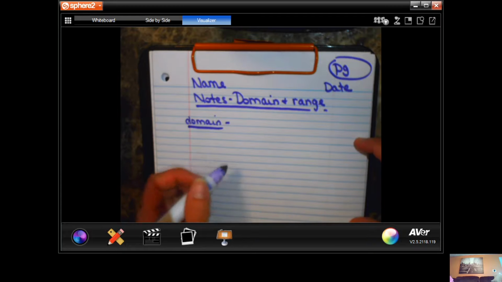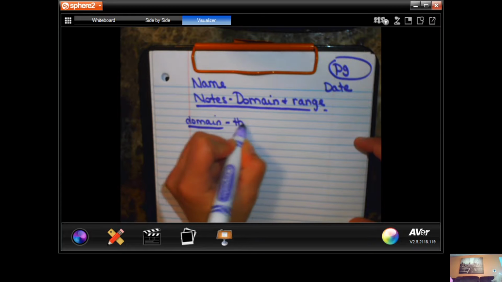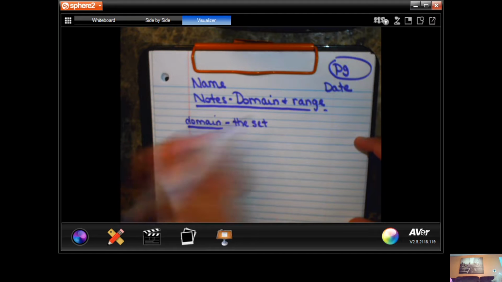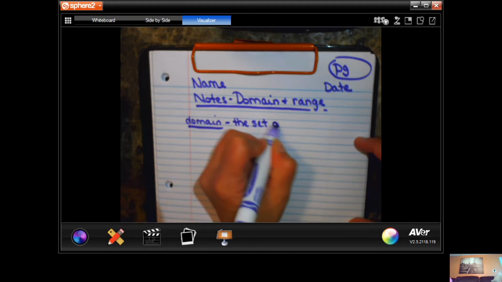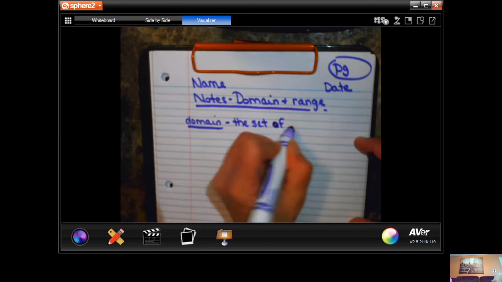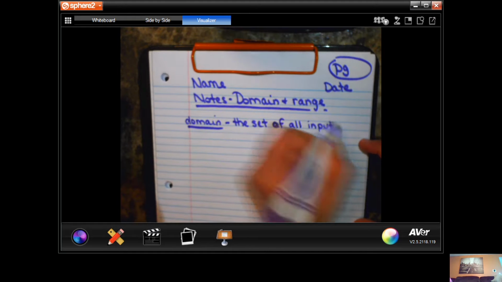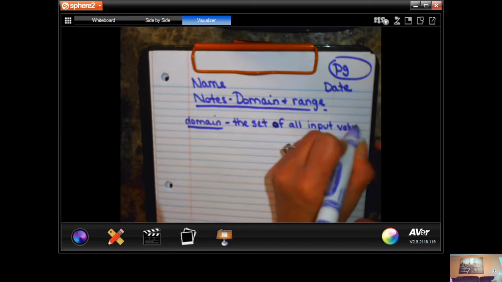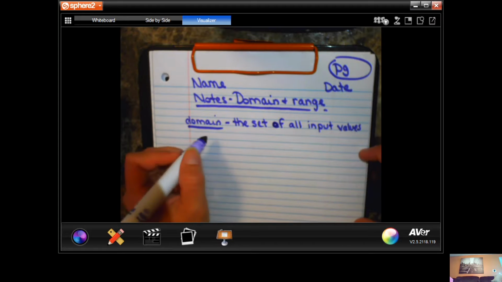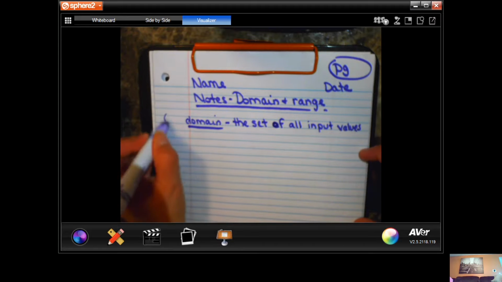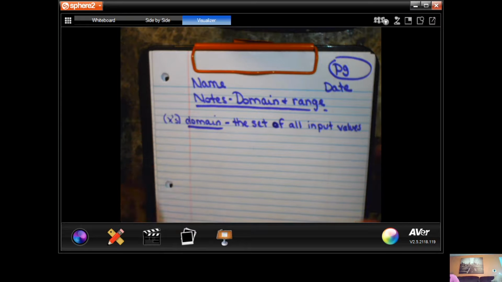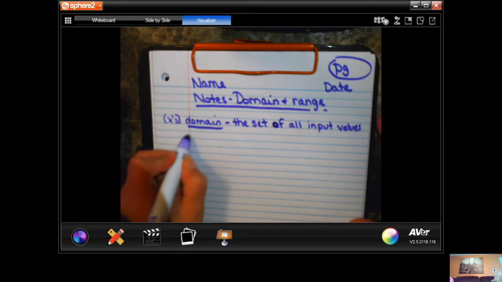So the domain is the set of all input values, and that is just your x's. So I'm going to put x's in the front. Your range is the next one.